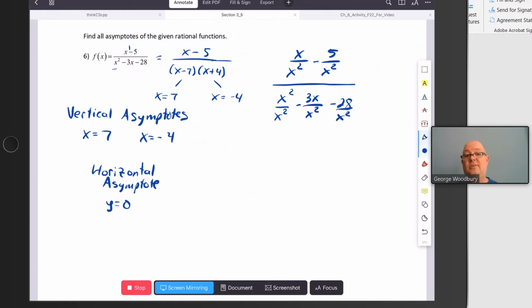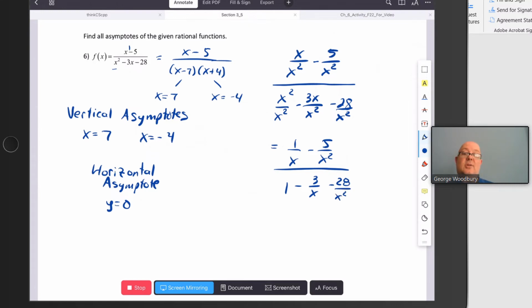And we simplify this as best we can, and what we end up with is 1 over x minus 5 over x squared all over 1 minus 3 over x minus 28 over x squared.